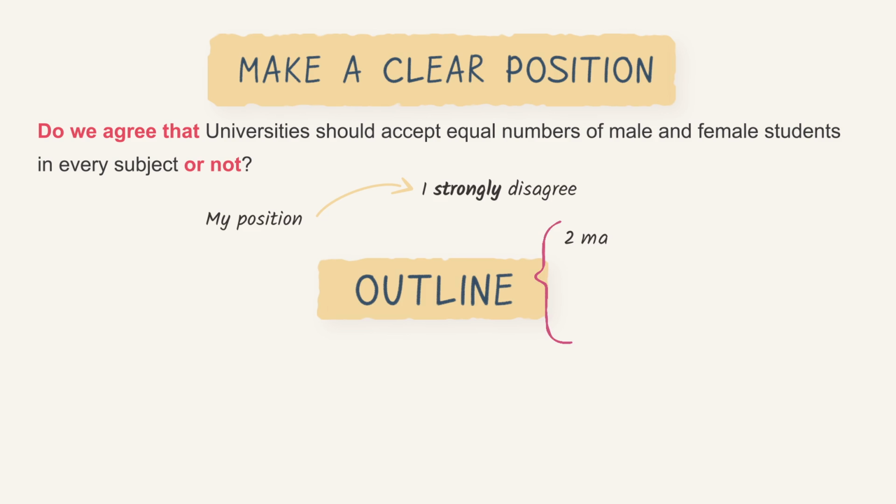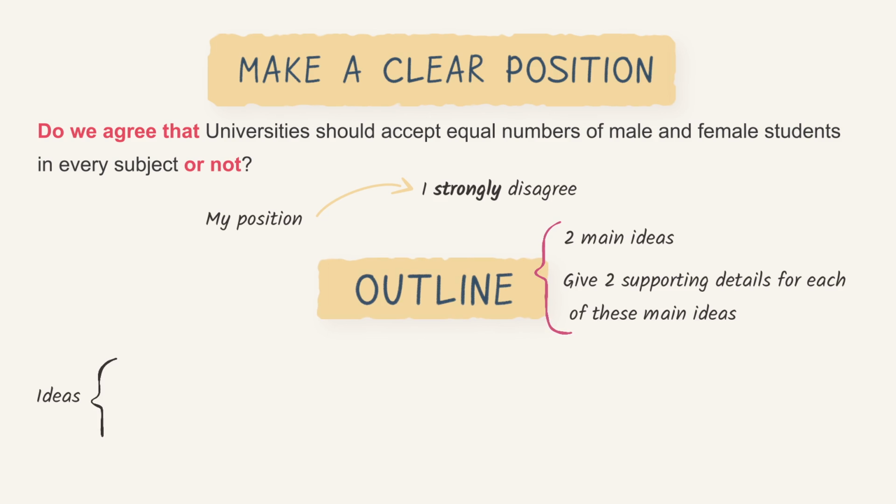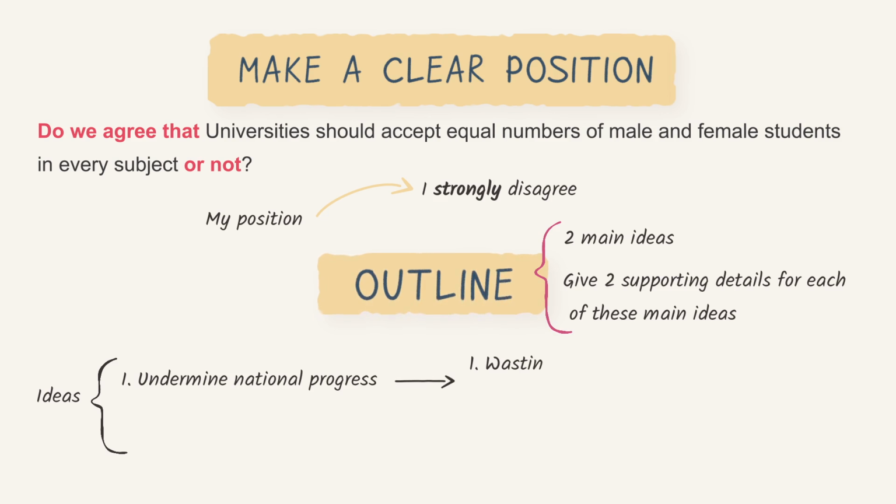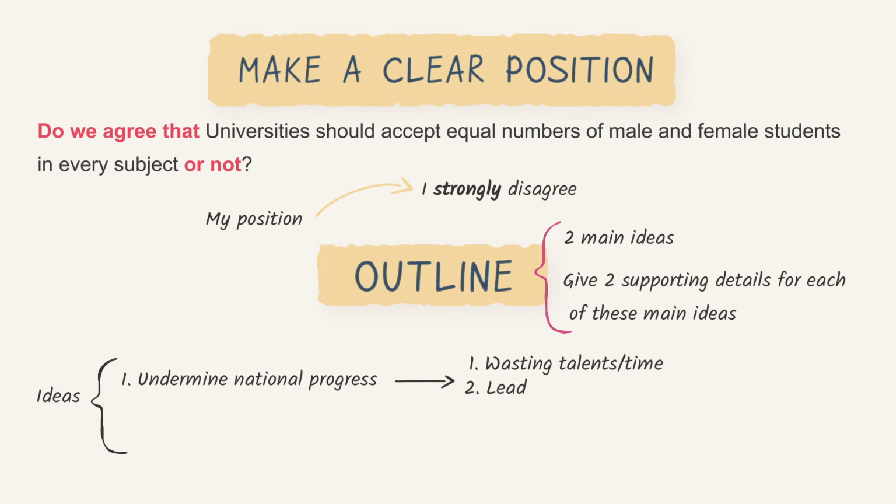I'm going to write 2 main ideas and give 2 supporting details for each of these main ideas. All right. So my first main idea is that it would undermine national progress. And what are my two supporting details? The first is that it wastes talents and time, and the second is that it will lead to underperformance.